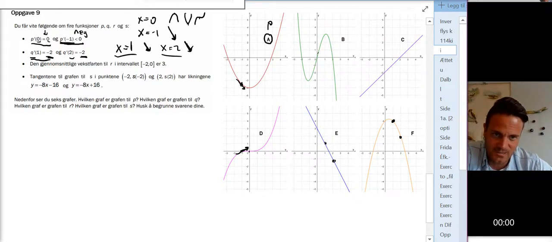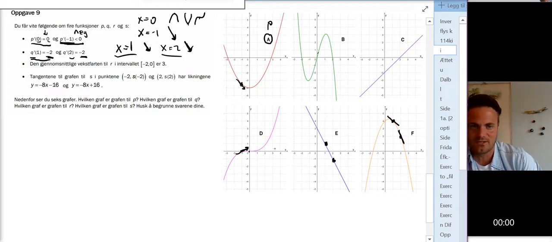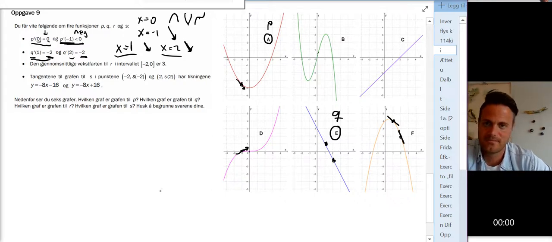And that's exactly what we got here, right? When x is 1 and when x is 2, the graph is decreasing with exactly the same rate of change. Compared to this, where it decreases not too much at first, but then decreases more. So we cannot get the same answer there. But here it's the same, so this is E. E is Q. Q is E.